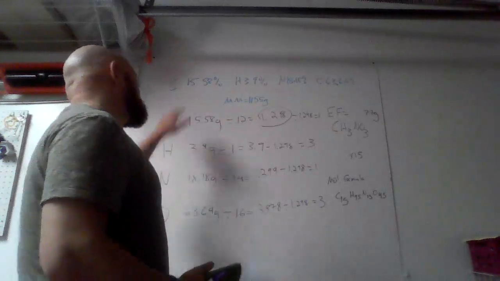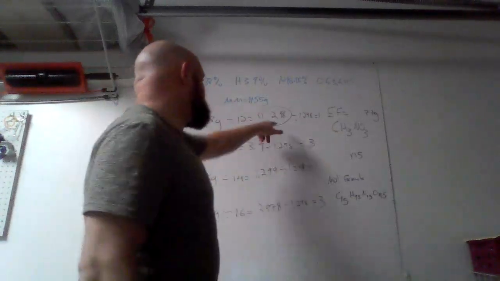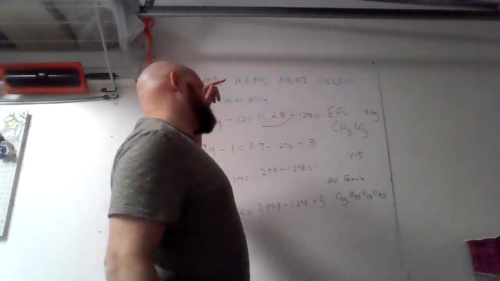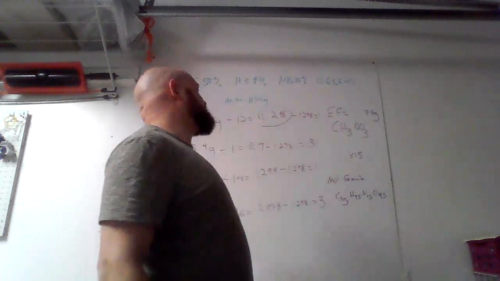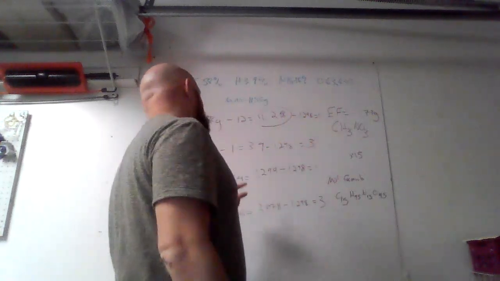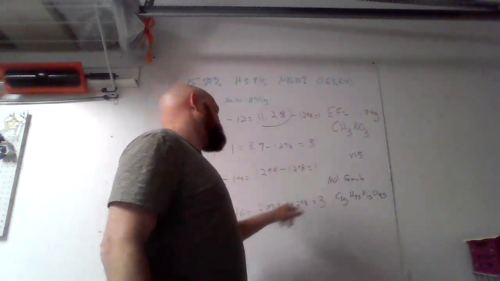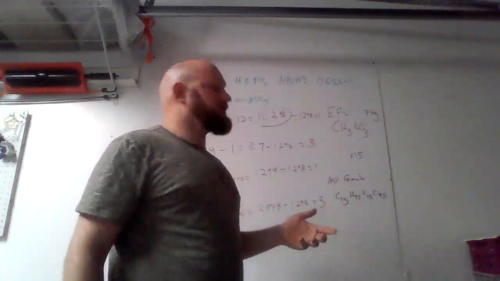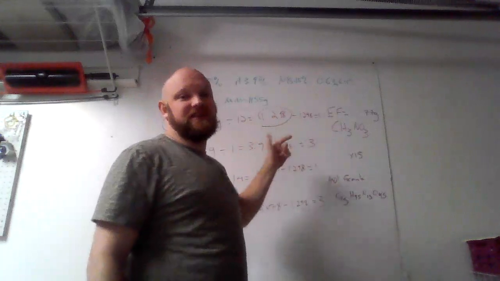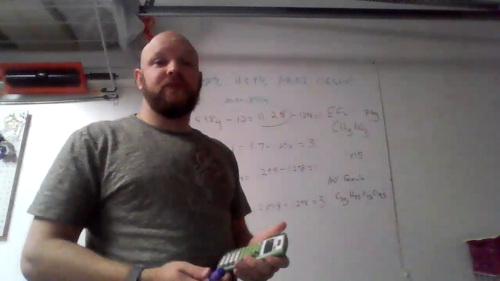Do your element symbol, do this, do this, do this, because when you get to this step, that's where people, if you're just going ahead, take 1.298 and round it to 1, and take 3.9 and round it to 4, and that's not the right answer. So work it one step at a time, and don't forget to divide by your smallest answer. That's the mistake that most people make.